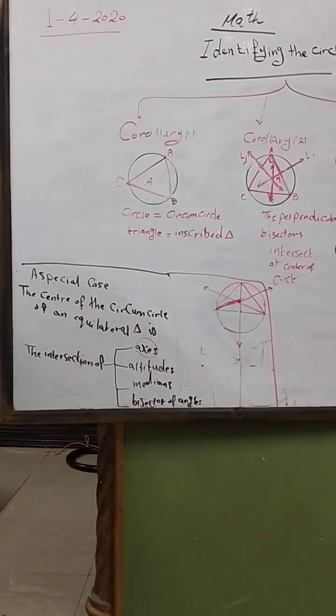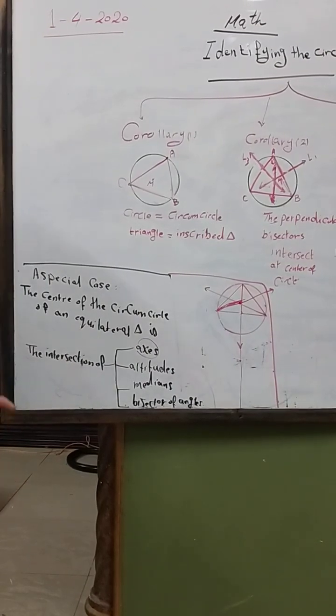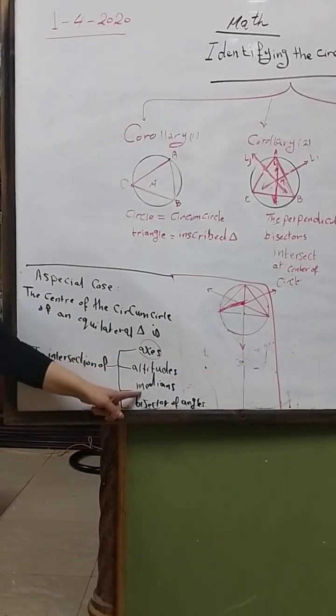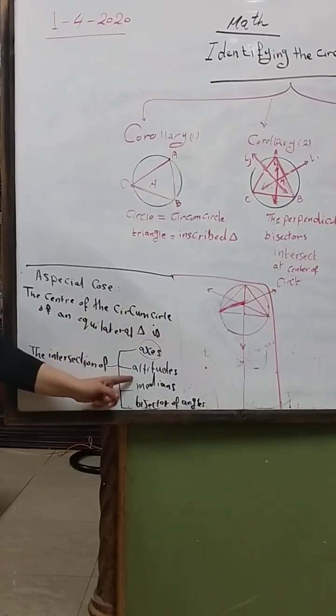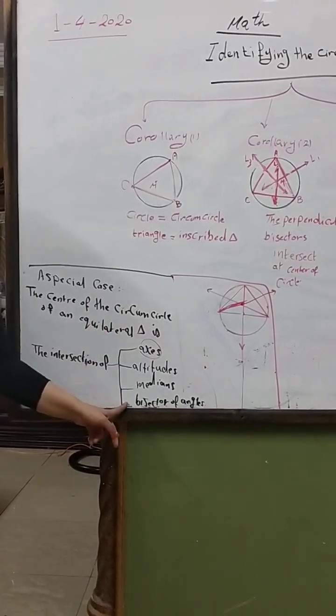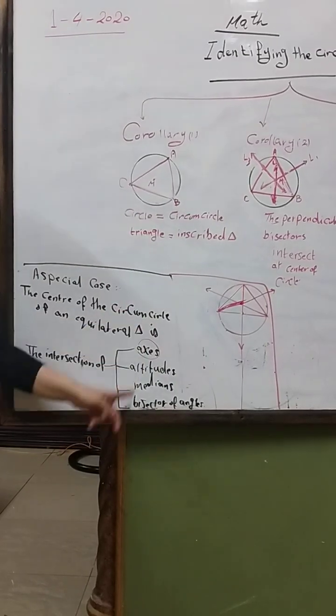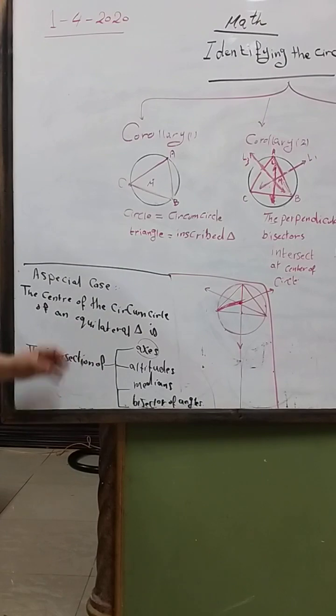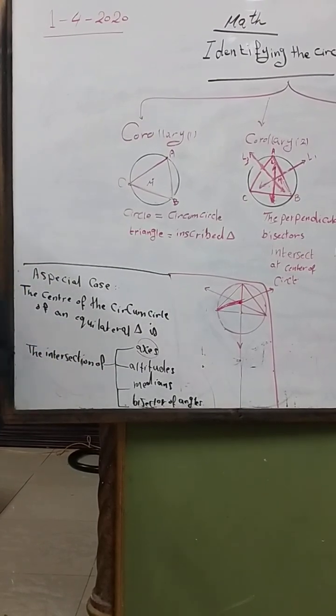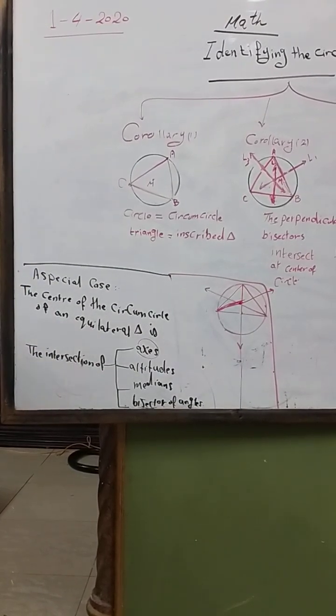So in an equilateral triangle we can call all of these the same: axis, altitude, median, bisector of angle, and all of these intersect at one point, which is the center of the circle.